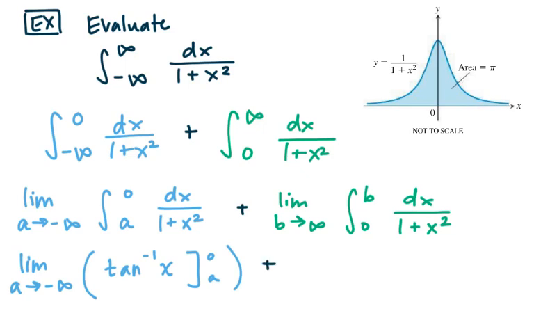And the integral is going to be the same for this second. It's just the bounds are different. So the limit as b goes to positive infinity, and again, we're going to get tangent inverse of x evaluated from 0 to b.